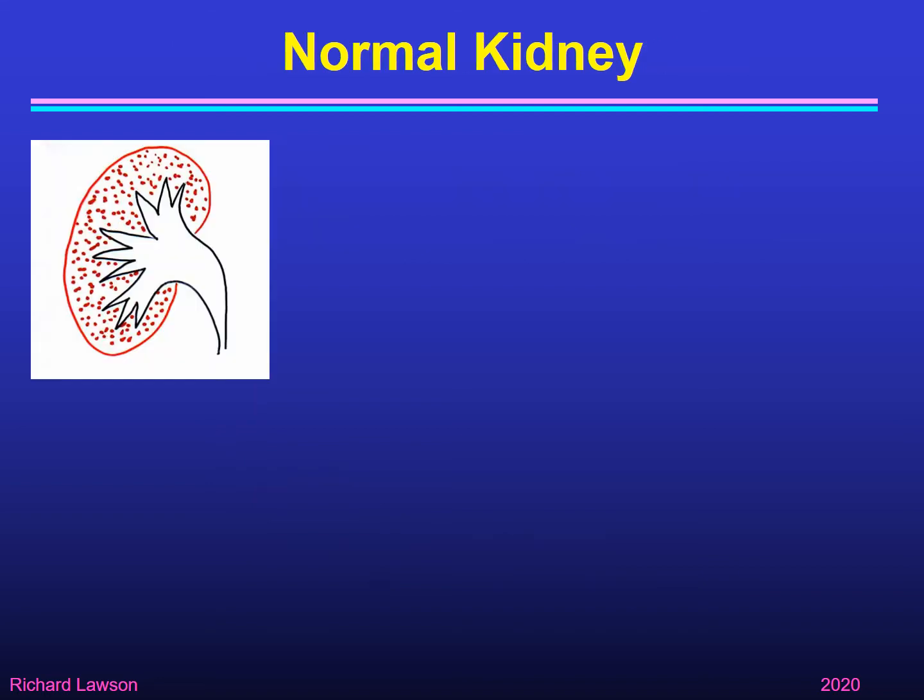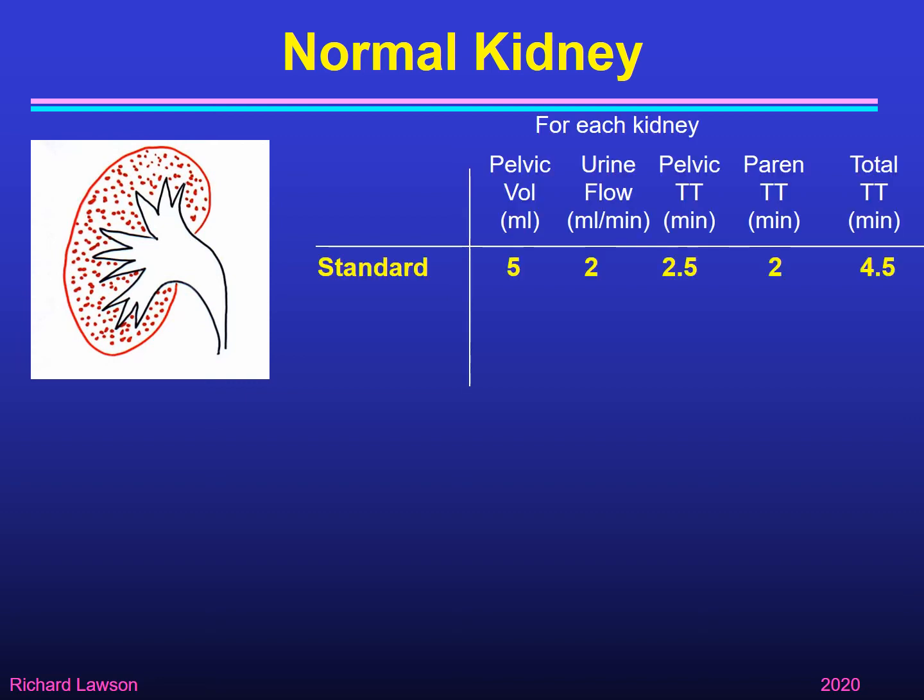So let's start with a normal kidney. Let's assume that each kidney has a volume in the pelvis of 5 mils, which is a reasonable volume for a renal pelvis, and we said that the urine flow rate during renogram for a single kidney is going to be about 2 mils a minute.